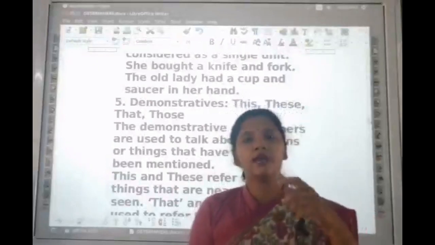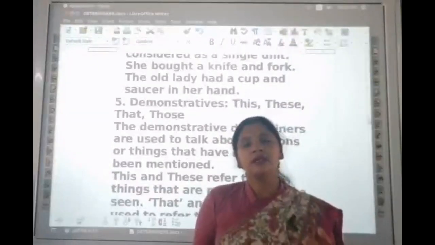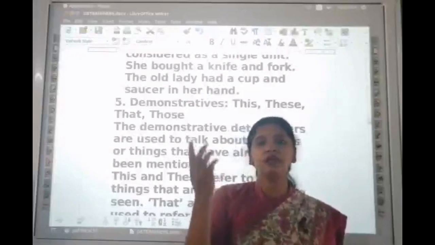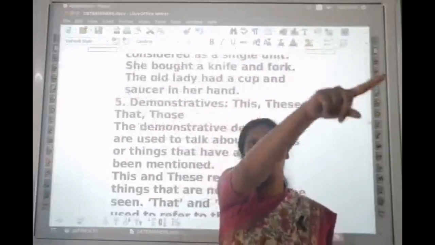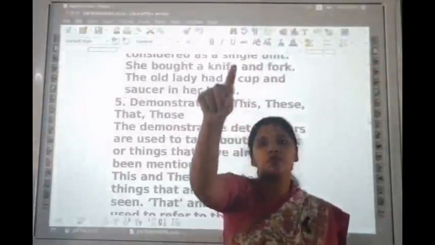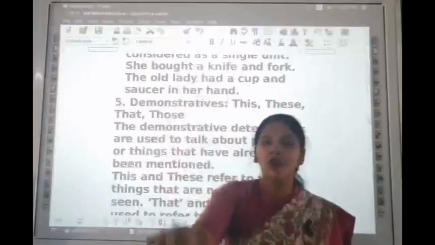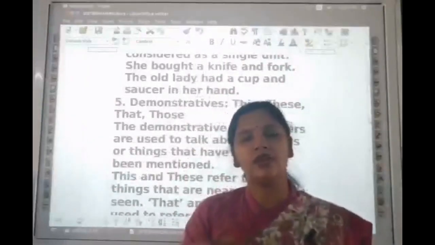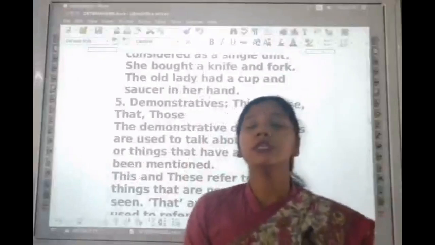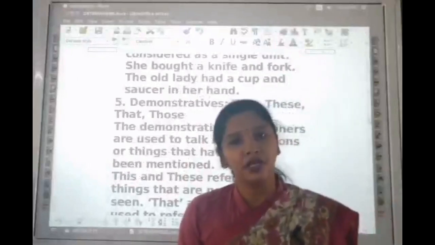At the time of speaking, we generally use our fingers to point. This, that, these, those, to indicate things. For indicating in writing as well as in speaking, we are using the demonstrative determiners.